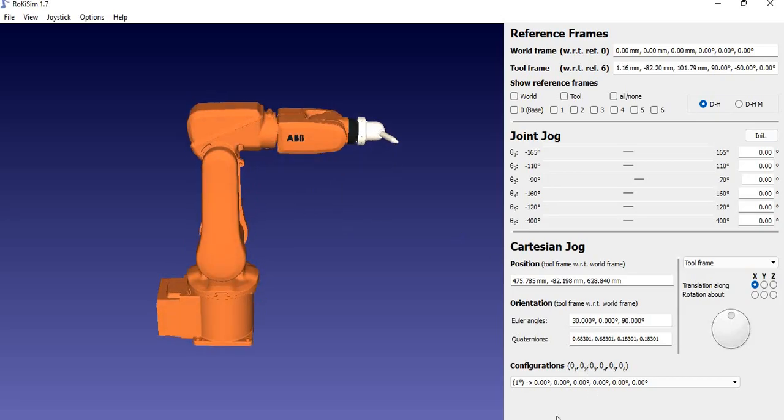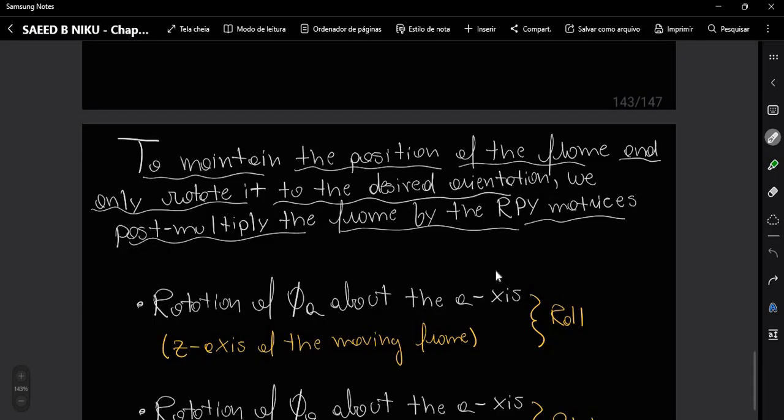So we are seeing something where we wanted to change the orientation and not the position, and now you know that we can change the orientation if we apply what type of transformation? Rotation ones.